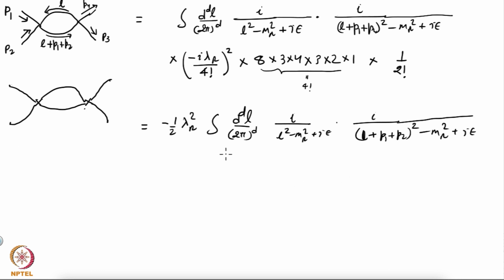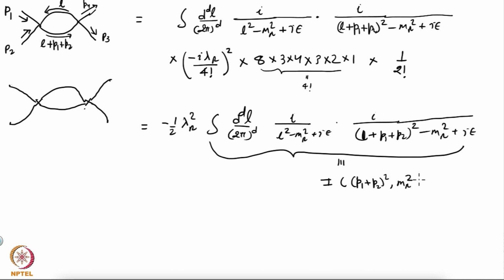Okay, so I will define this integral to be I of (P1 plus P2) whole square. And of course it will depend on m_r square as well. So that's the definition. You see, this integral is going to depend on, apart from the epsilon or d, these values, right? Because look at this integral. This is a Lorentz invariant integral. So the result will depend on whatever Lorentz objects you can construct out of it.